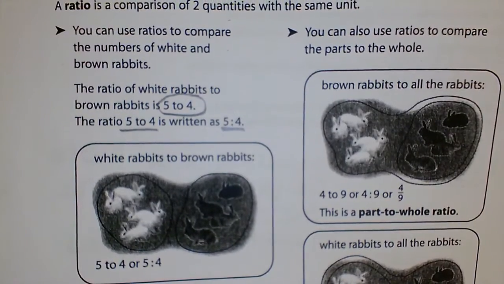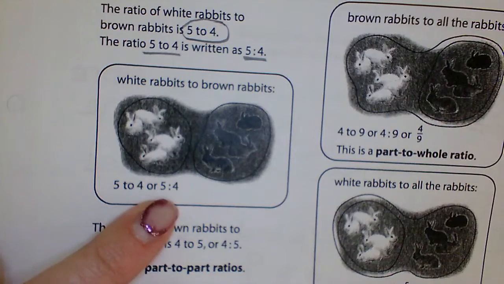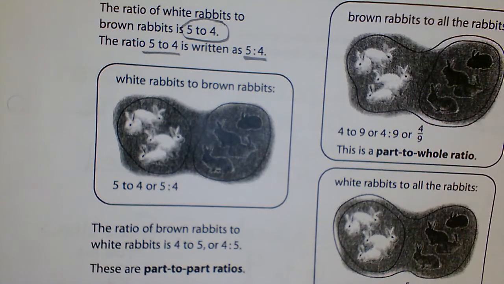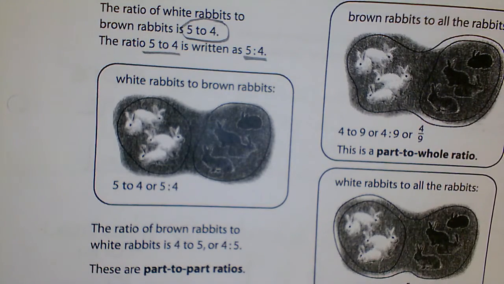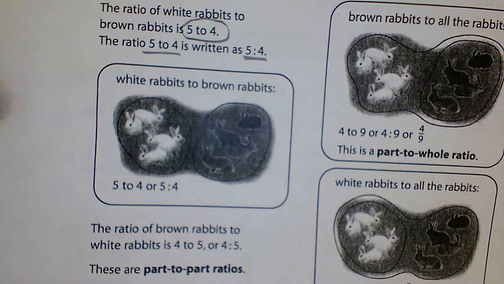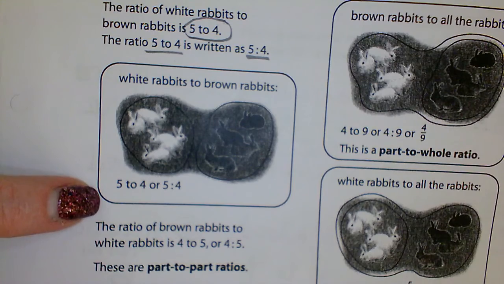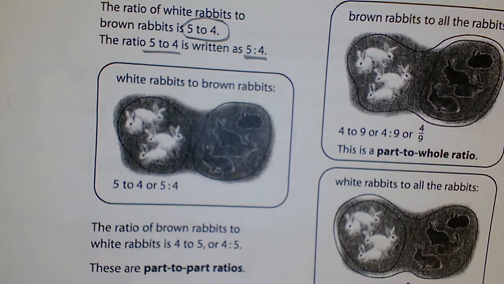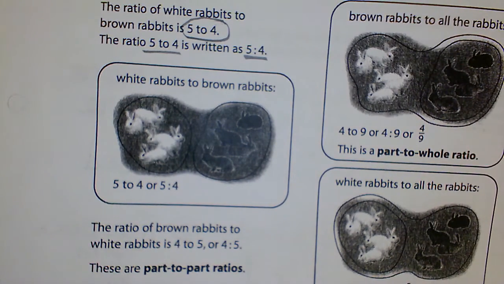One of them is word ratio, one of them is ratio form. You notice that fractions are not part of that ratio because 5 represents the white rabbits, 4 represents the brown rabbits.